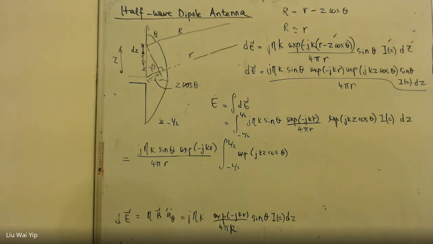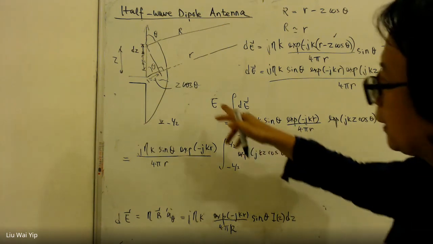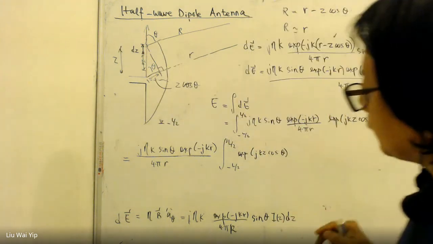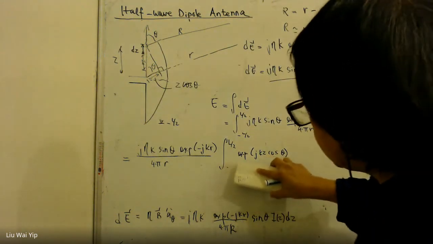for IZ. But right now, the upper segment has a different current distribution than the lower segment. What we can do is split this integral into two.